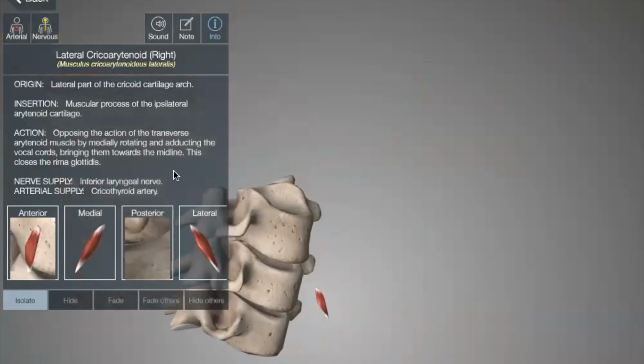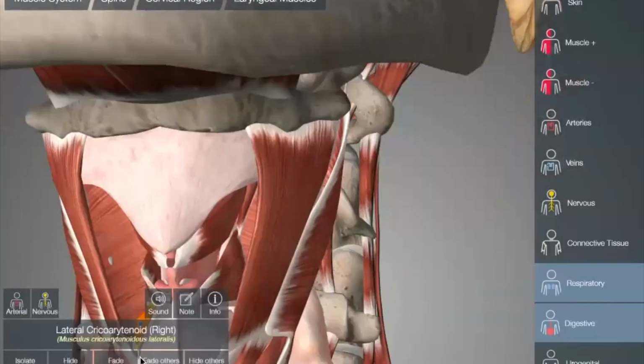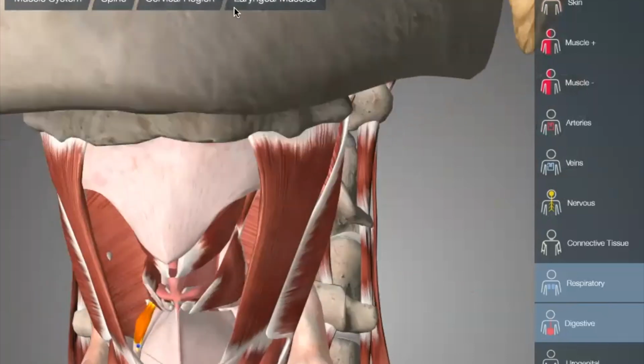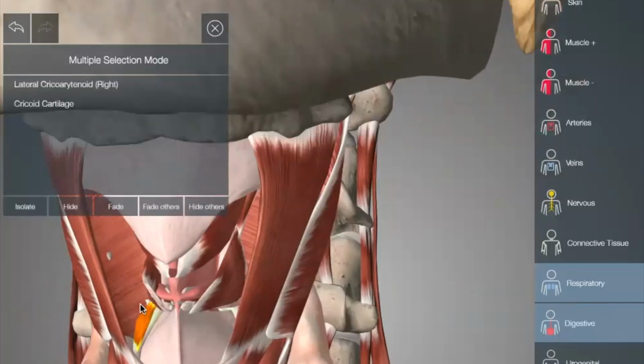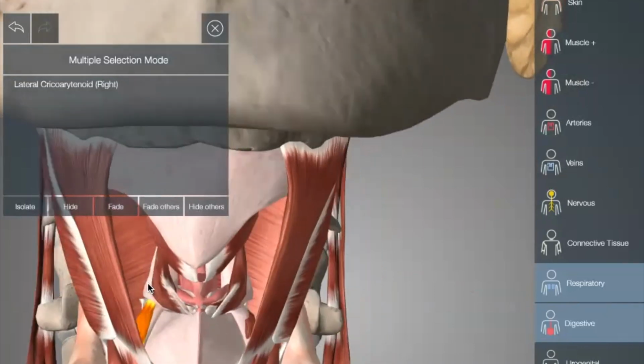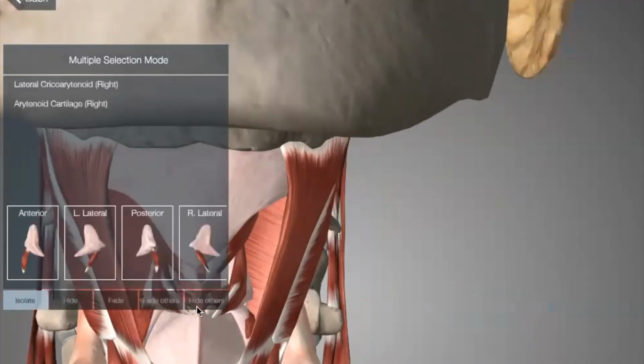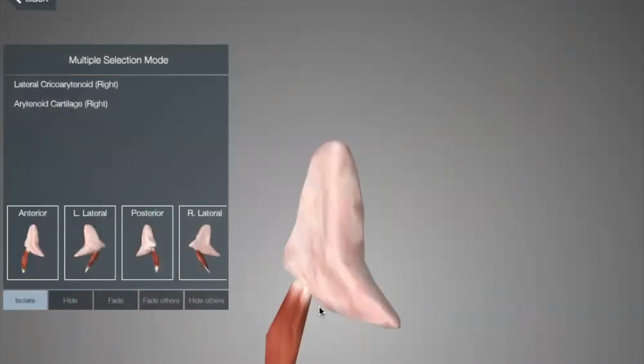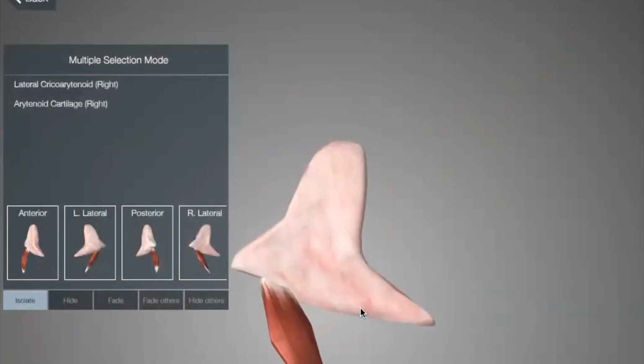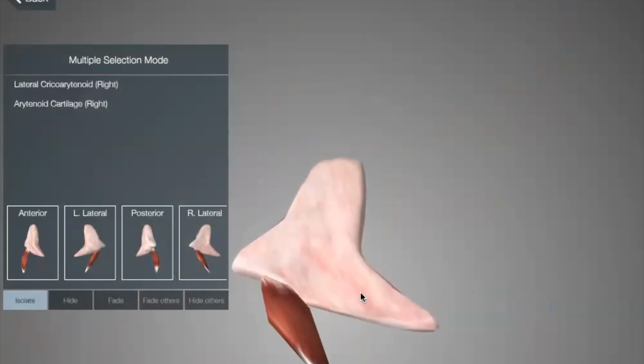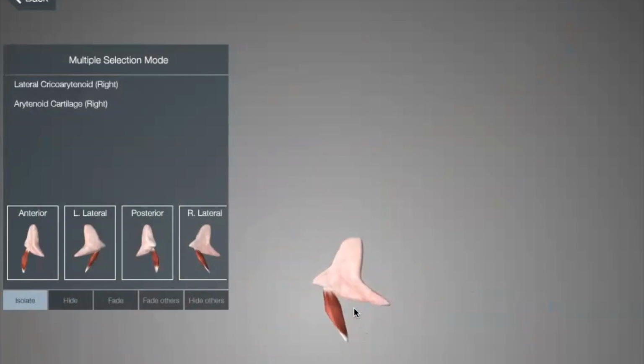The cricoarytenoid is attached to the muscular process. I'm going to select the other one as well to show you how it connects to it. That's the apex, that's the base, that's the muscular process, and that's the vocal process. And you have the cricoarytenoid muscle.